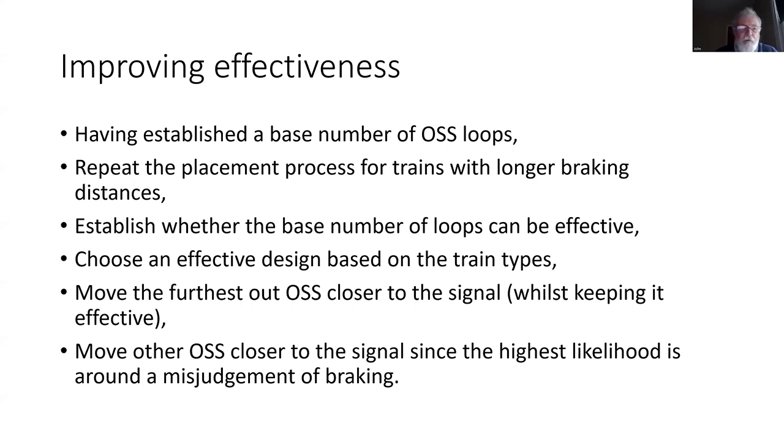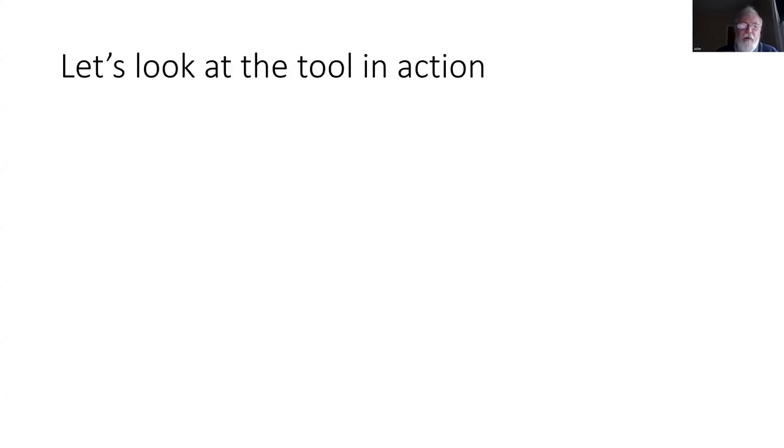So that logic took quite a while to develop and was found to be quite complicated for people to apply and not always intuitive. And hence we moved on to the tool.